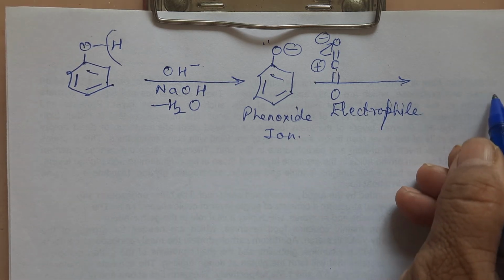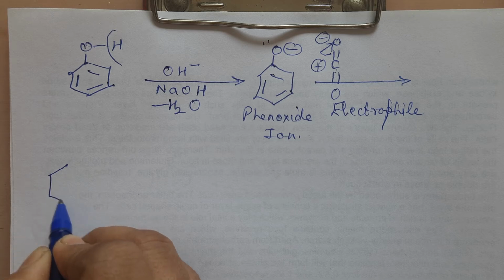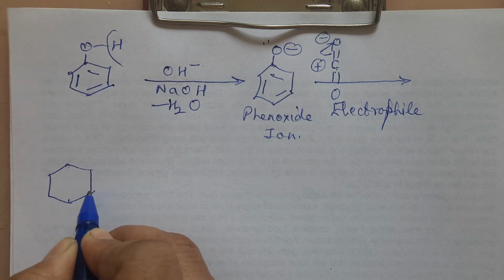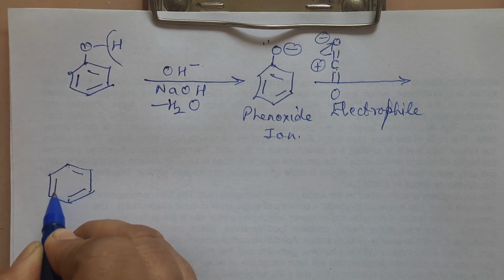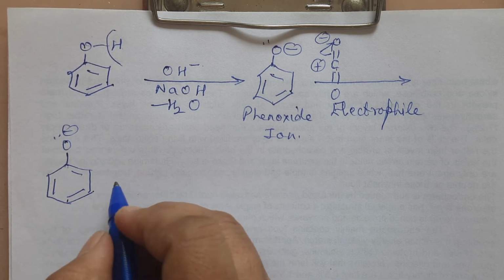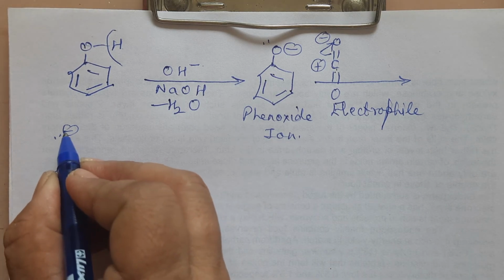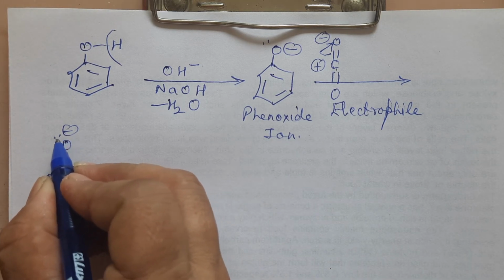Next step, because of shortage of space, I am writing it down. Children, this phenoxide ion which was formed will now be attacked by carbon dioxide, we said, right? There is a lone pair of electrons.